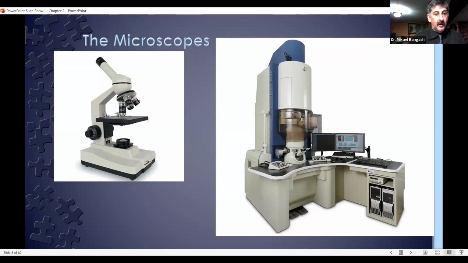So it all depends on how much you want to magnify it. You can switch from objective to objective to magnify more and more. And of course, there's going to be a similar mechanism here.